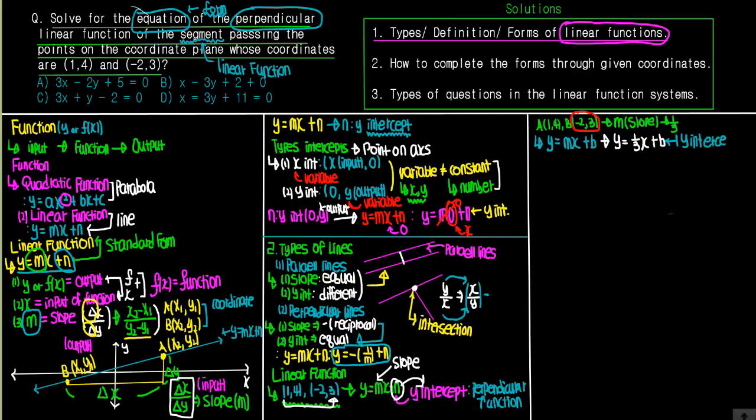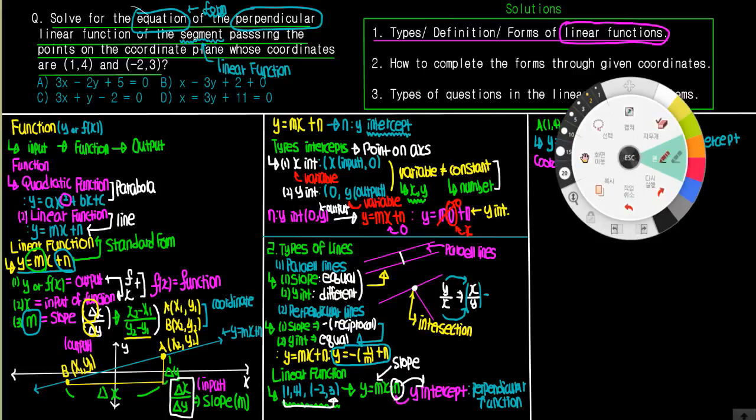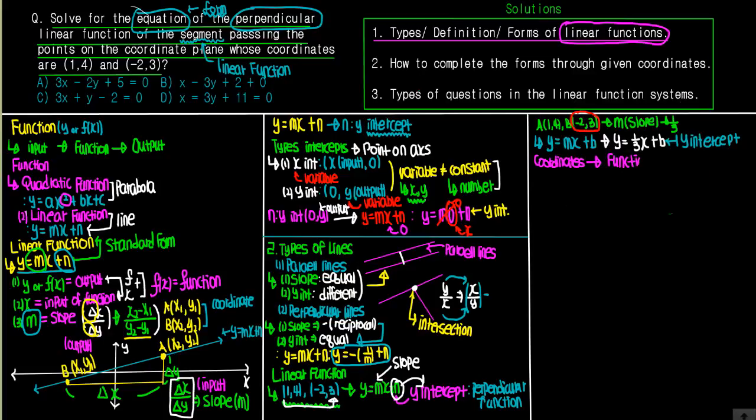As we have talked about our strategy, all you have to do is apply one of our coordinates to our original function. If we apply the coordinates, we can isolate our y-intercept, which is b, and solve for it.